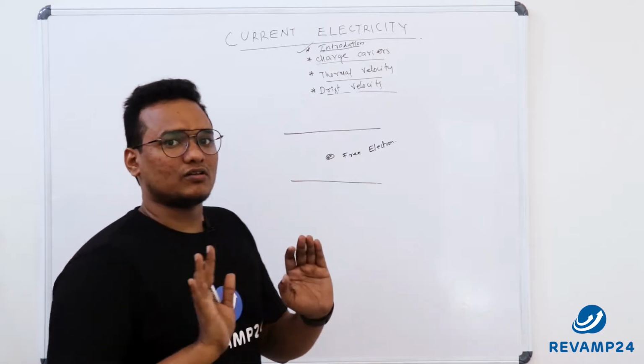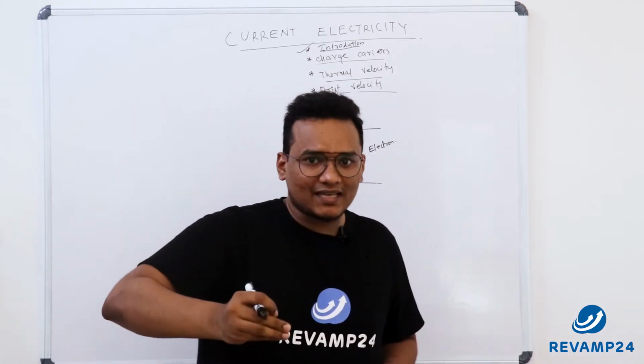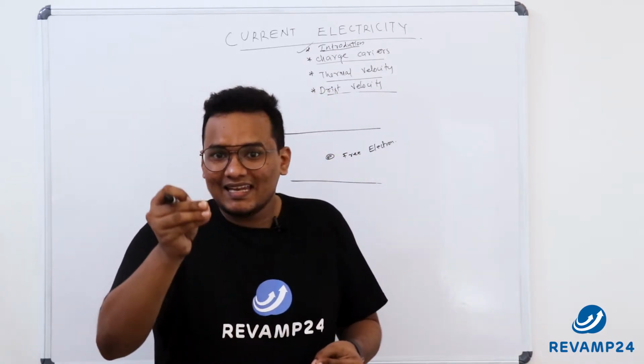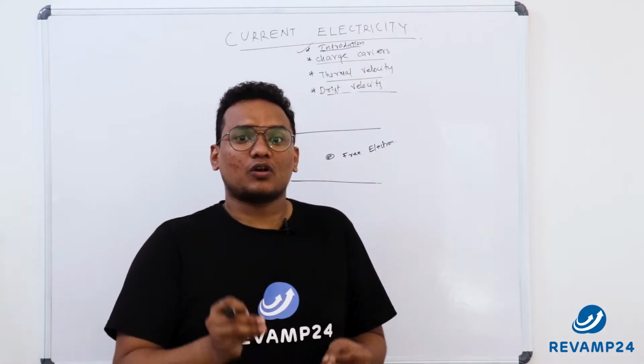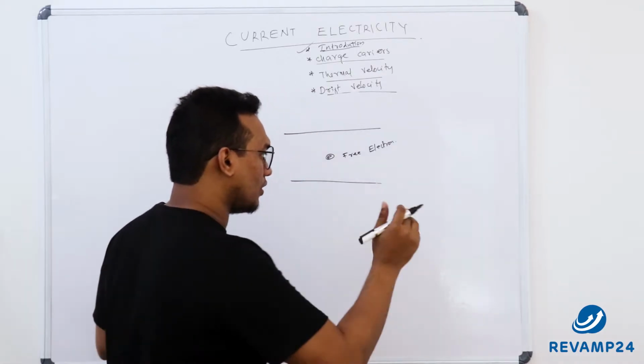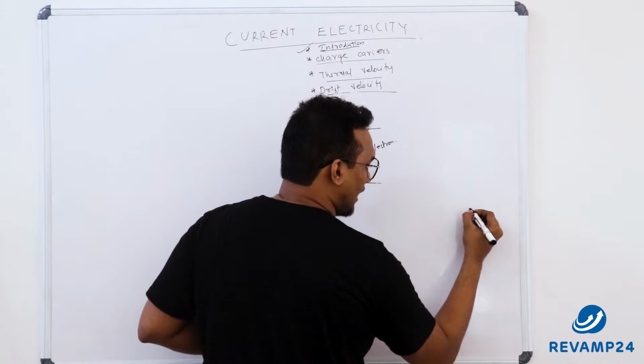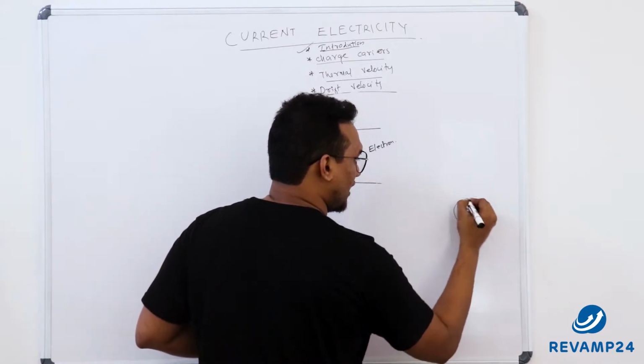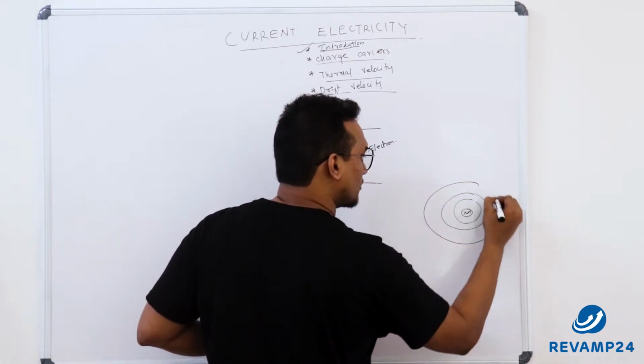Not all electrons are free electrons. Basically, conductors have 3 or less than 3 electrons in their outermost orbit. So let's say this is an atom having a nucleus and we have other shells, and this is the outermost shell.